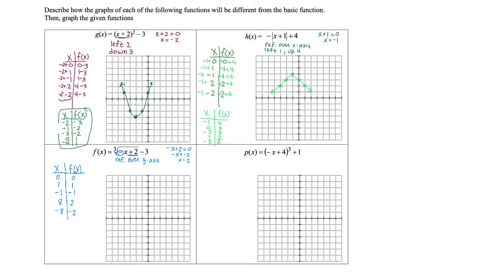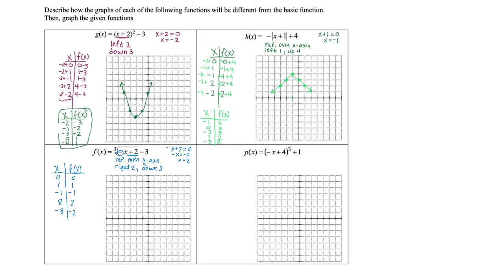So then we're going to move right 2 and then down 3. Okay, and so we have all of our transformations now going on with this. And so it looks like we're ready just to go ahead and do the transformations.